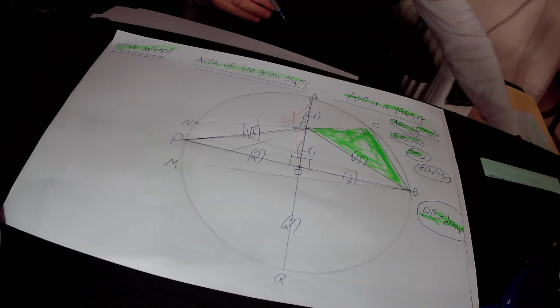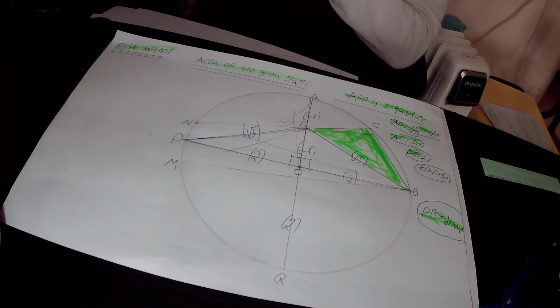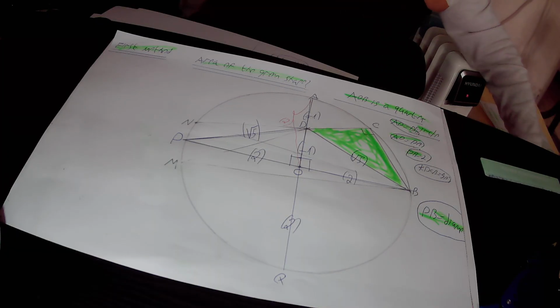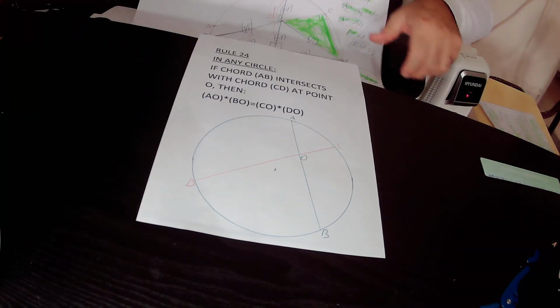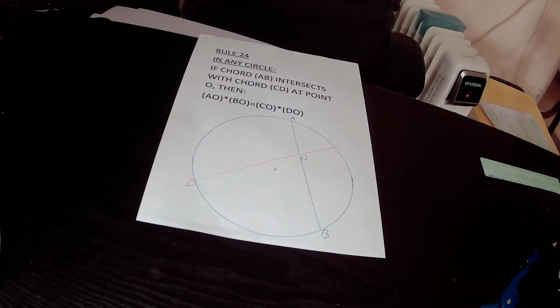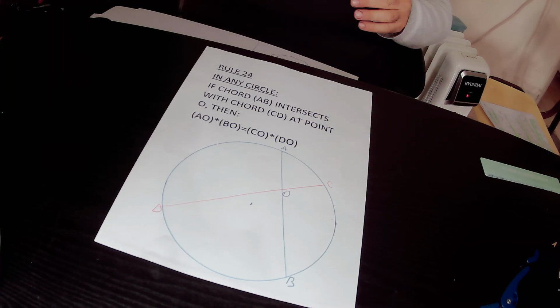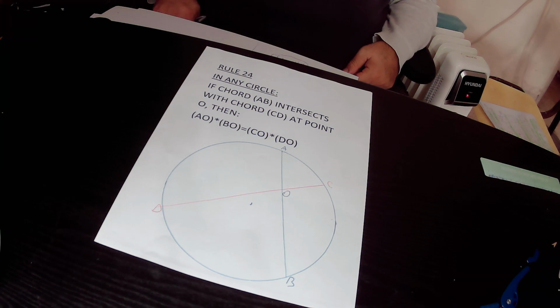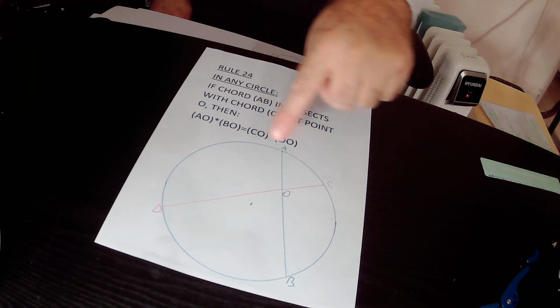So in the next step, we will implement rule 24 in our drawing. Let me quickly repeat rule 24. Rule 24 is true in any circle: if chord AB intersects with chord CD at point O, then the following equation is true, that AO times OB equals CO times OD.